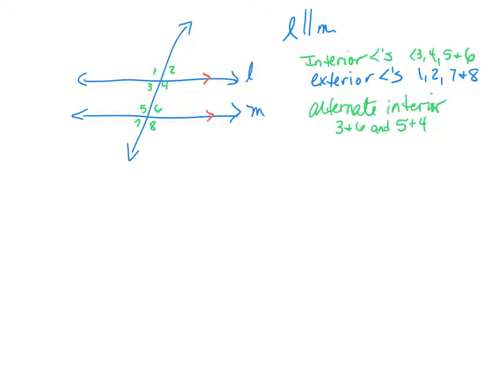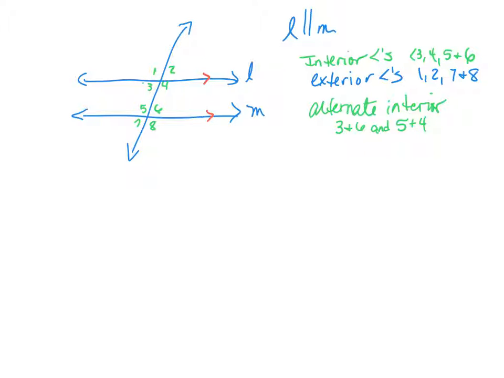That might get you into the problem, okay? Alternate interior. They're on either side of the spear, kitty corner from each other. You see how the 3 is on the other side as the 6, and they're in a diagonal formation, okay? So alternate interior angles are very, very important.